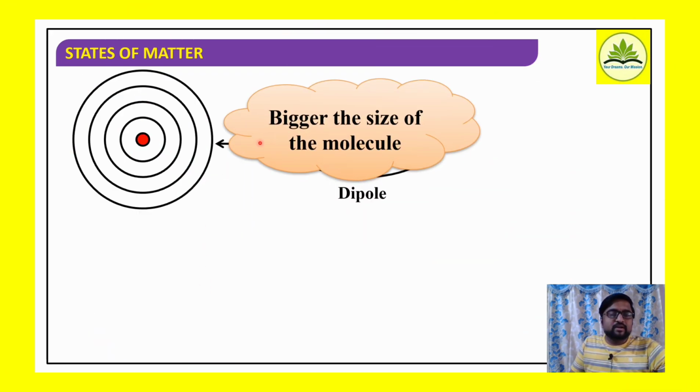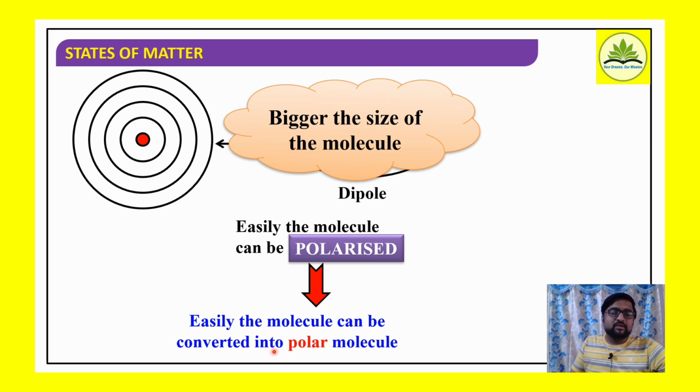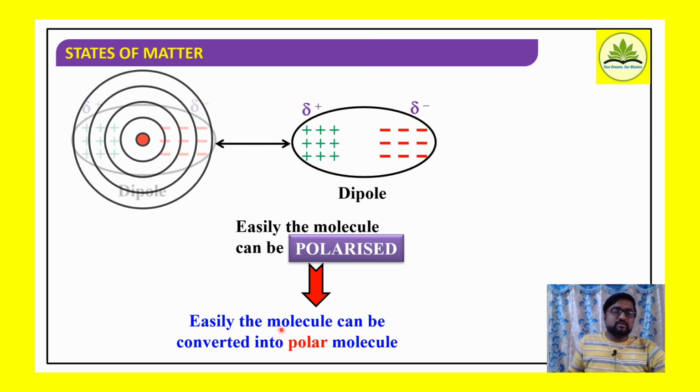What is the conclusion we have drawn here? The bigger the size of the molecule, the more easily it can be polarized, meaning it can be easily converted into temporary dipoles, or polar molecules.